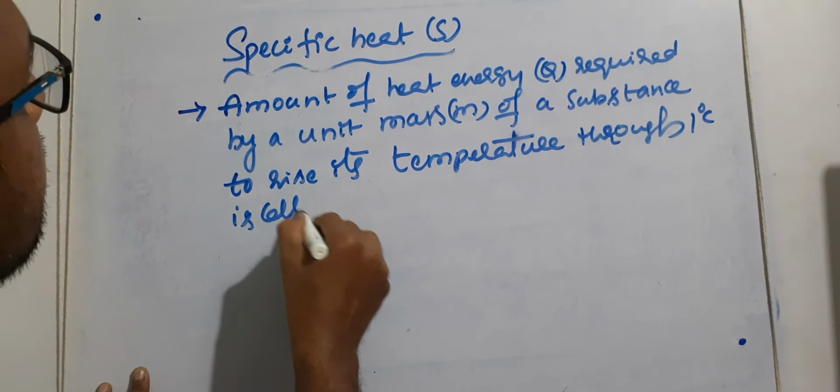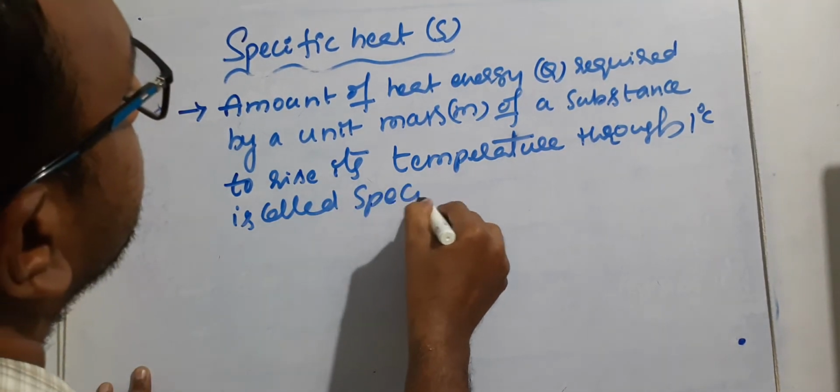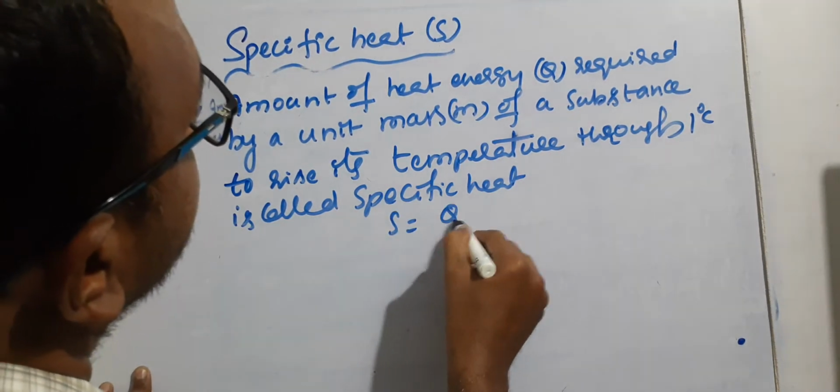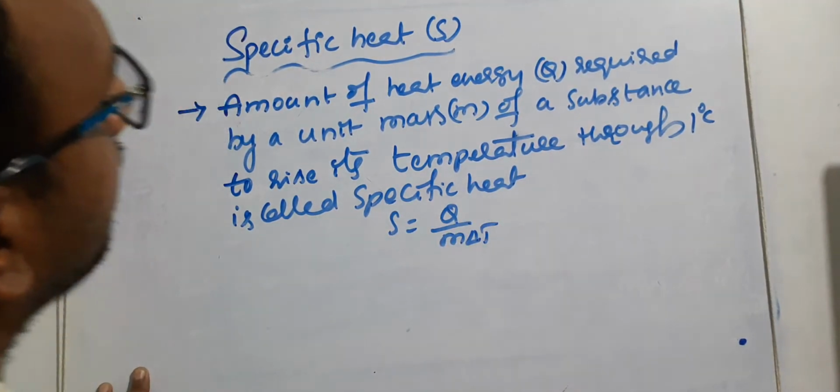It is called the specific heat of that substance, given by the formula S is equal to Q by m delta T.